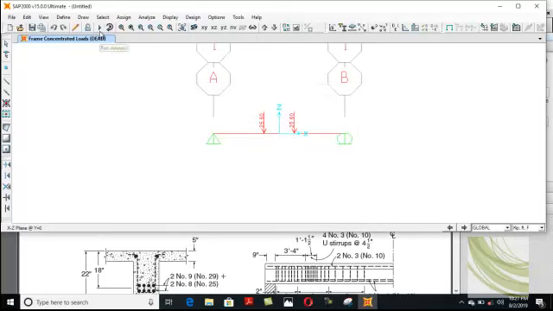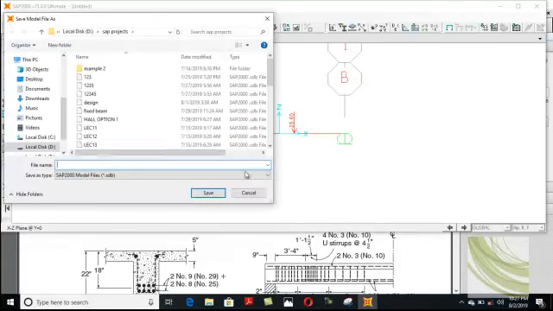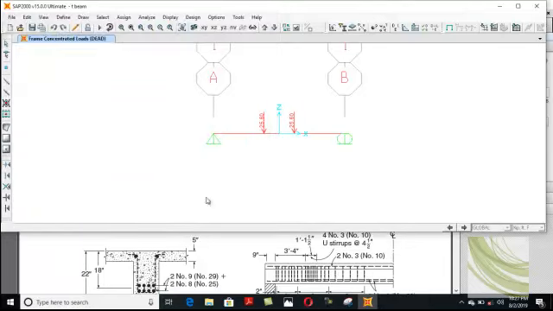So let's analyze it. Model do not run, and run it. Okay. The section is a T-beam, okay, and save.